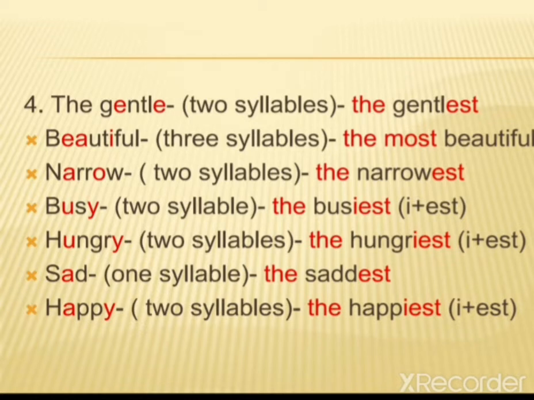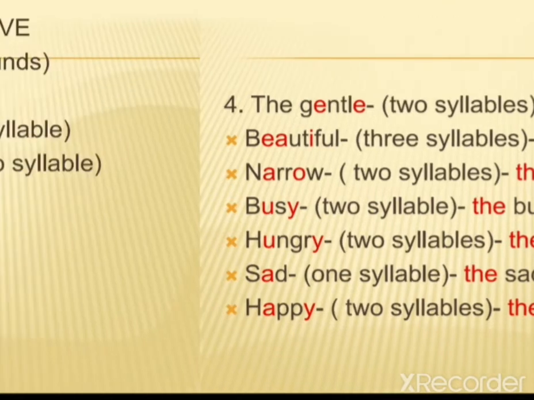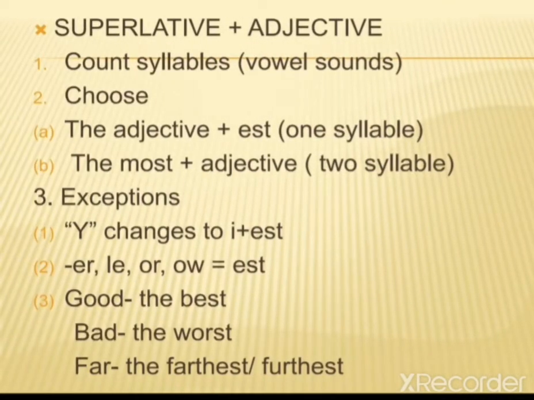Okay. With everything in English, we have some exceptions, and exceptions make things a little bit more complex and difficult to understand. As per the basic rule, if the word has one syllable, we add est.